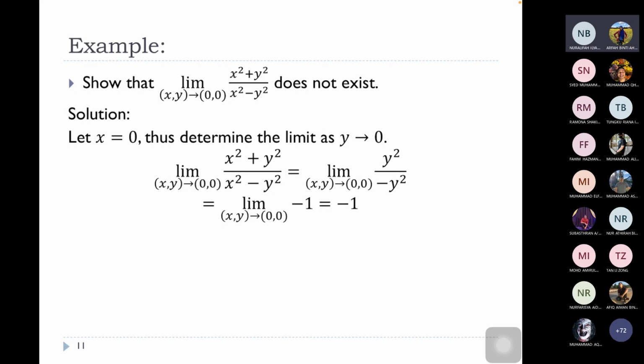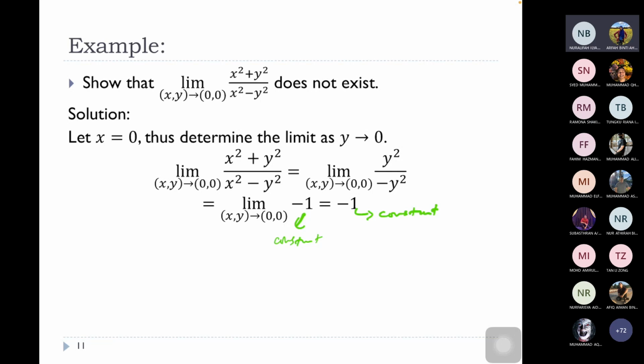That is, it will become negative 1. Y squared divided by negative y squared, the limit approaches negative 1. This one is a constant. That's the reason why finally negative 1 adalah dia punya the value of the limit when x is 0 and y approaches 0.